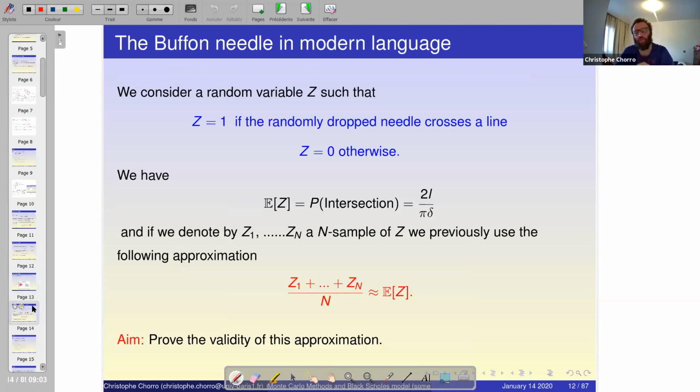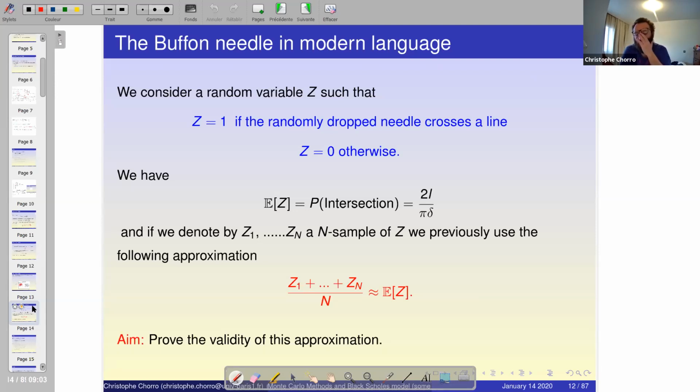So if I want to translate what we have done previously into the language of modern probability, what can I say? We are going to consider a random variable Z such that Z equals 1 if the randomly dropped needle crosses a line, and 0 otherwise.